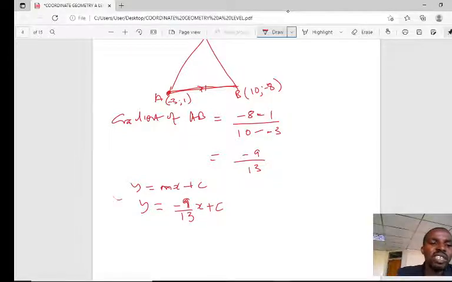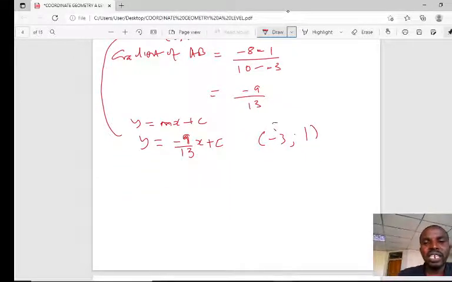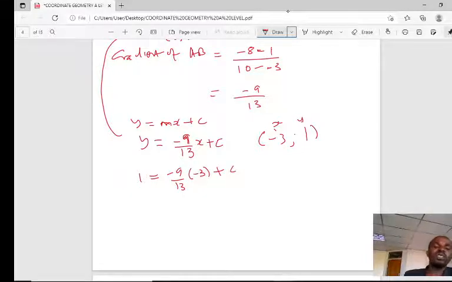You can take any of the points. Let me take this one, A, which is minus 3, 1. So x is minus 3 and y is 1. Where there's y, you put 1, where there's x, you put minus 3, plus c. That's how you find the value of c.